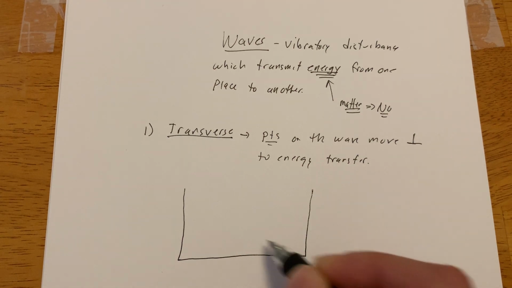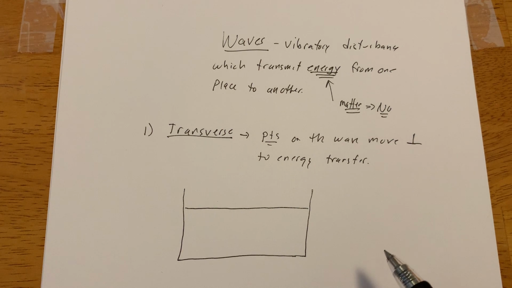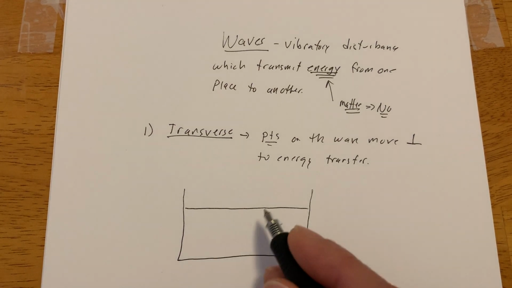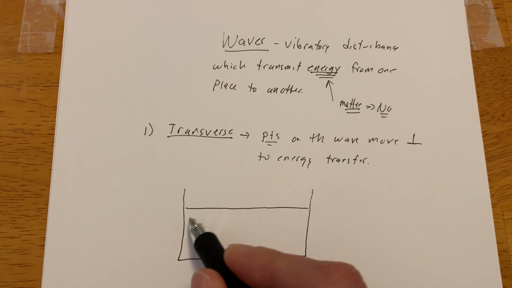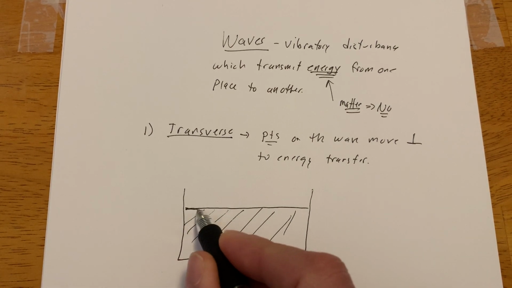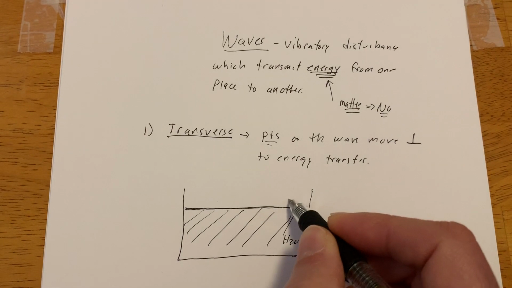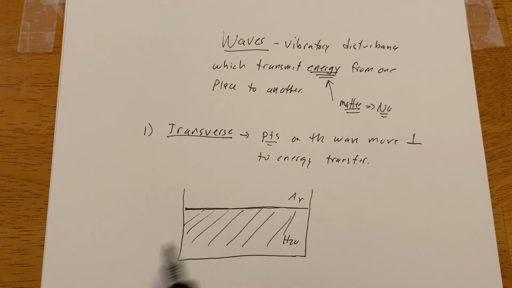It's just a visual. Suppose you're looking at a water tank, a fish tank, from the outside. So here's the fish tank. Well, obviously we're going to have water in the fish tank. So here is the surface of the water. Here is water, here's the air. Well, what happens if I drop a pebble in there?